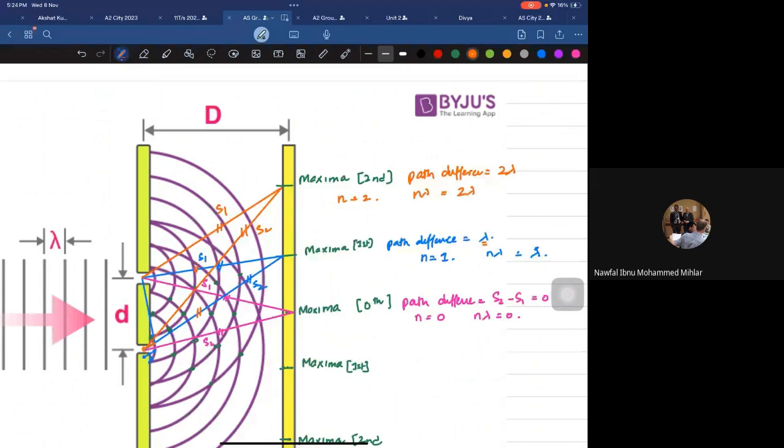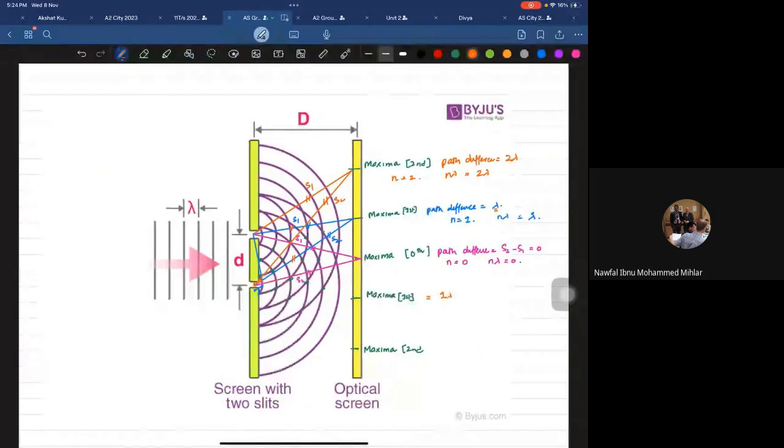Good. Same goes for this one. If I ask you what will be the path difference here, you can simply say 1 lambda. What will be the path difference here? You will say 2 lambda, and so on. If there were minimas, then we would say in the middle, because minimas are in the middle, like in this one. Minima would be equal to half lambda.